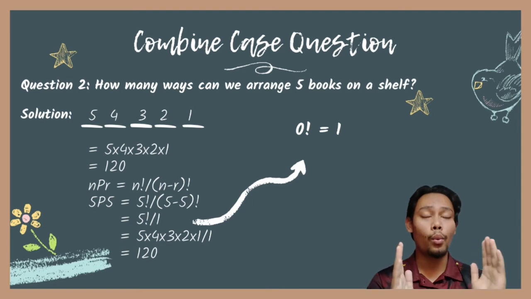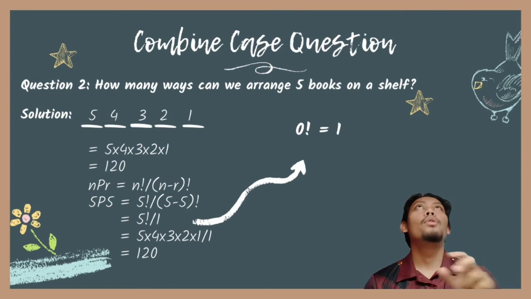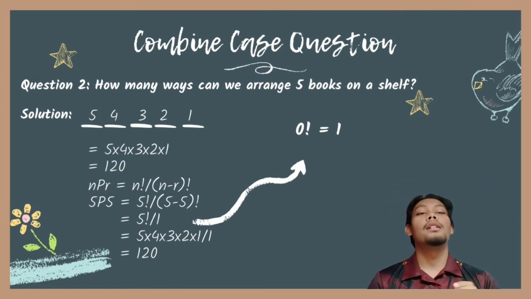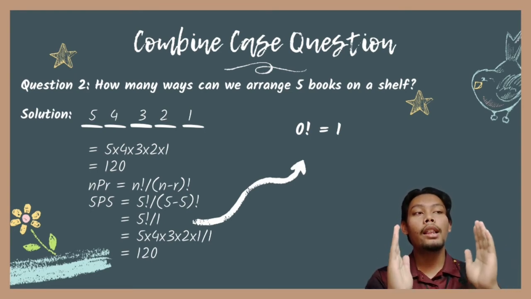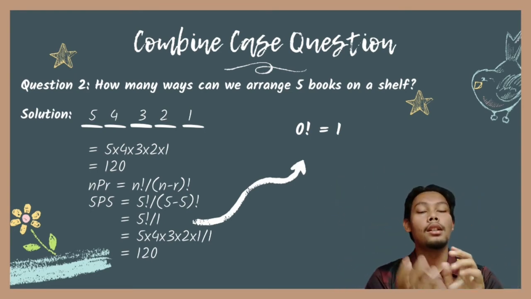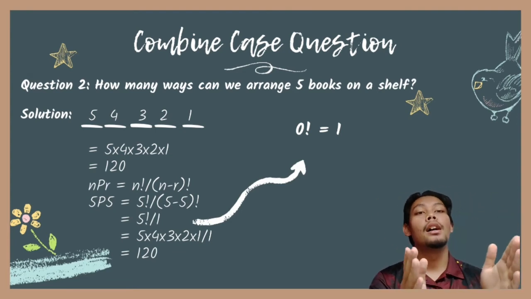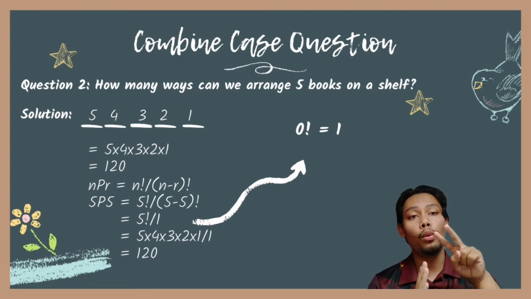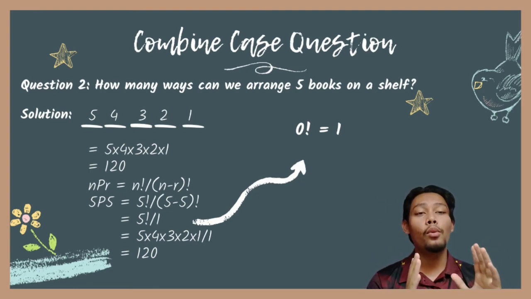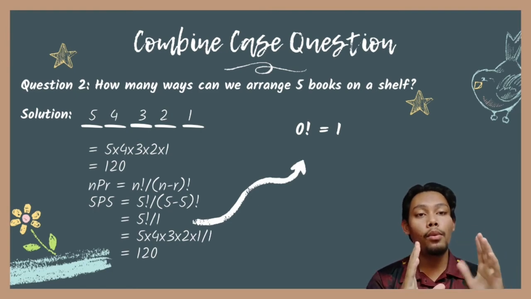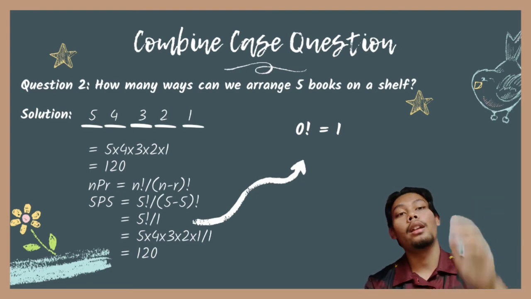So we have 4 books to choose from for the second place, and we put one randomly there. Now for the next place we only have 3 books, because 2 books have gone to the first and second places. Any of these 3 books can be at the third place. So we just take one and put it here.